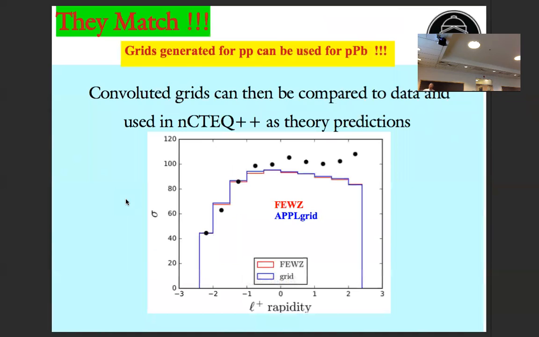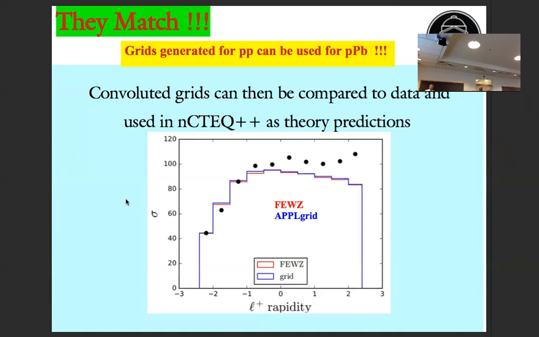And the blue curve is the APPLgrid. That represents about a week of CPU to generate the grids, but then about a millisecond to do the final convolution. And within the numerical accuracy, that does quite well. And so now with this tool, instead of doing the comparison post-fit, we can actually put that into the fit and do it. And it works not only for proton-proton, but it works for the nuclear case also.